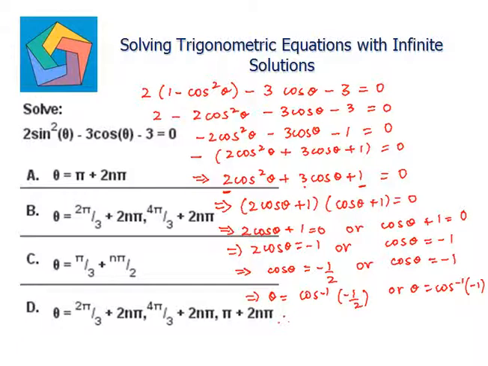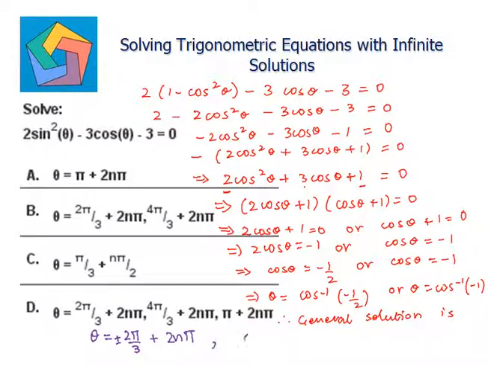Therefore, the general solution will be, for cosine inverse negative 1 by 2, theta is equal to 2 pi by 3 plus 2n pi plus minus, and for cosine inverse of negative 1, theta is equal to pi plus 2n pi.